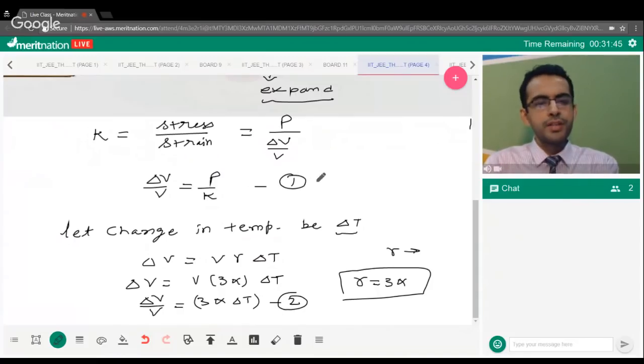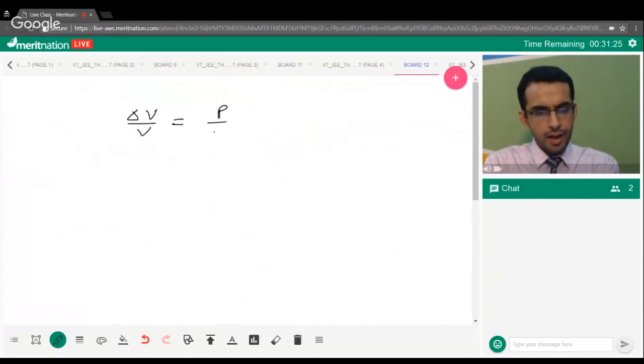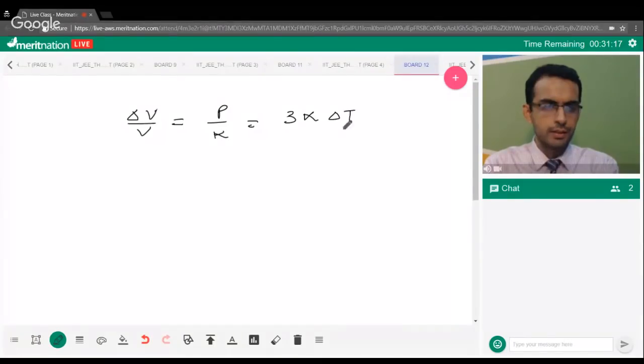From equation number 1 and equation number 2, you can see that delta V over V has 2 values, P upon K and 3 alpha delta T. So what we can do, we can equate them, and simply we can write delta V over V is equal to P by K, and that's equal to thrice of alpha into delta T.